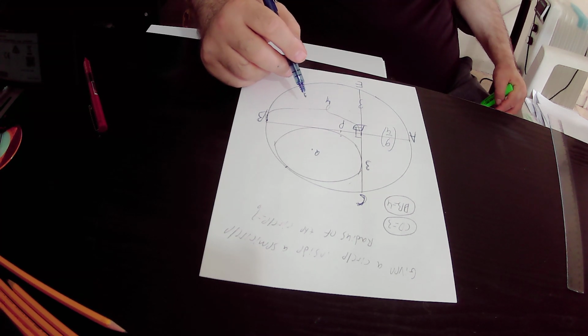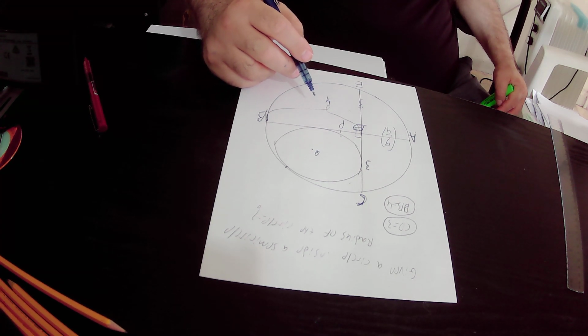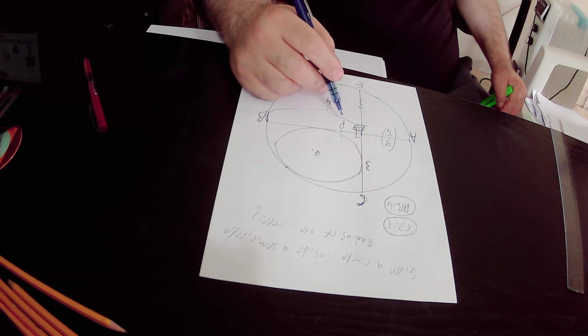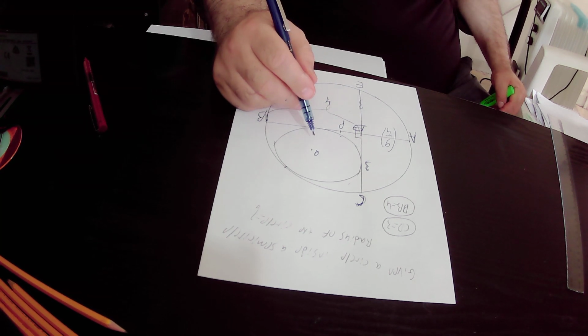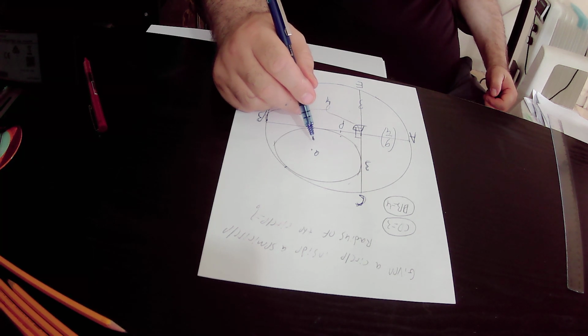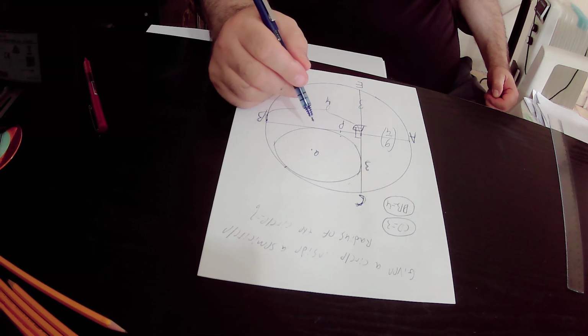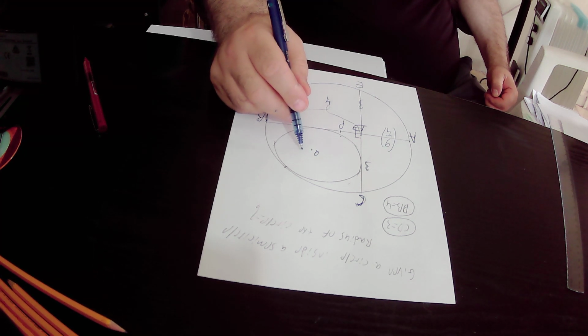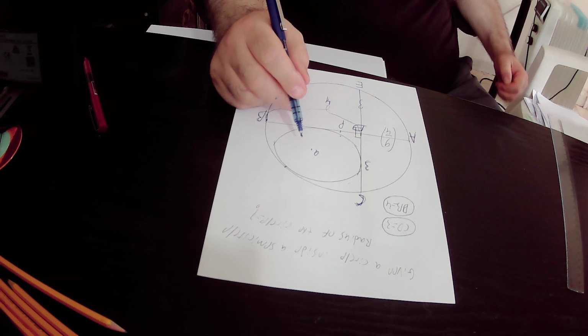So the center of the big circle and the semicircle is at point P, and the center of the small circle is at point Q, and its radius is small r according to our definition.